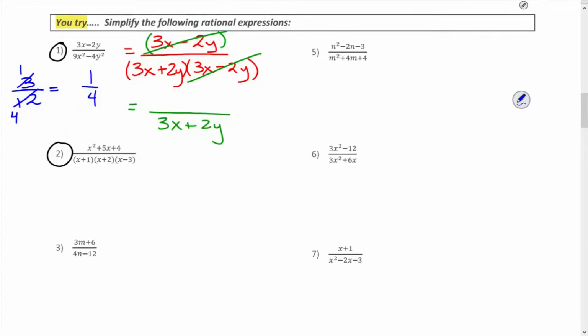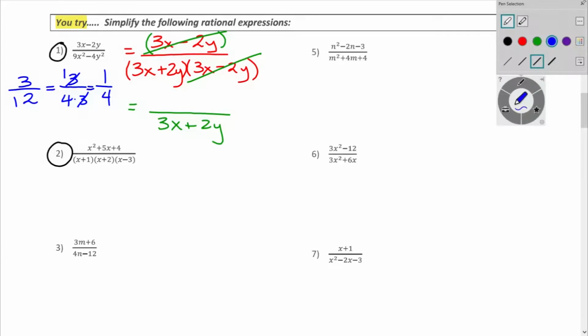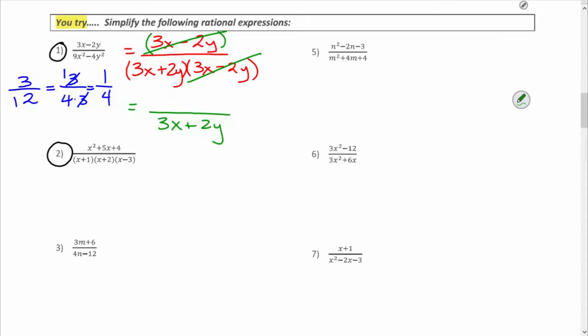But writing the way we've been doing it, I'll write this as 3 divided by 4 times 3. This cancels with this, and remember that I have a 1 left on top. So for that exact same reason, as I cancel everything in the numerator, I still have 1 left, the multiplicative identity of 1 left.